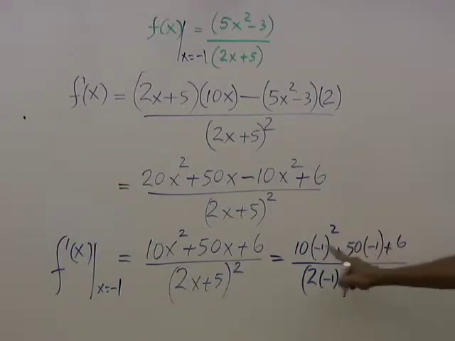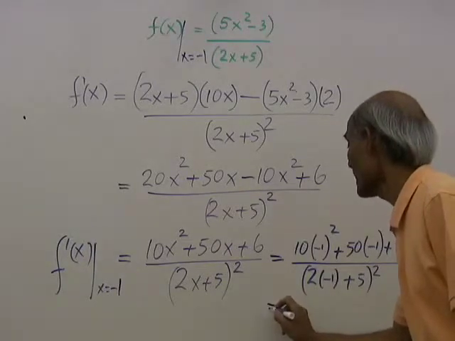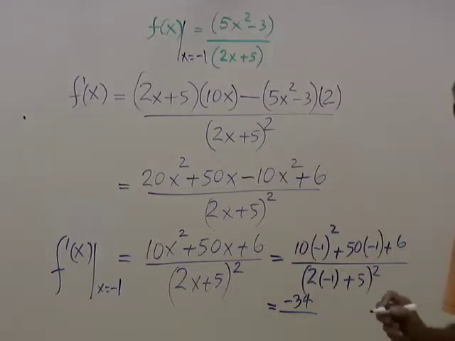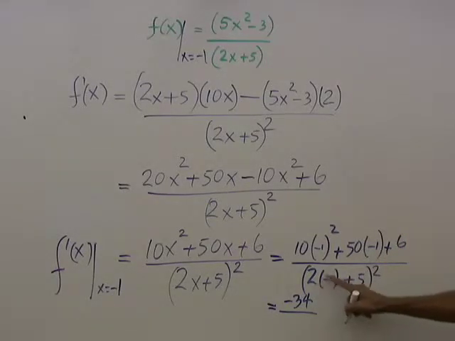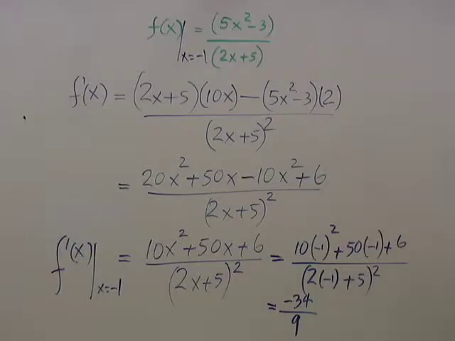Is that right? Yes. So this will be 10 plus 6 is 16, minus 50 is negative 34. We'll write that over here. Negative 34 on the numerator divided by, what is the denominator? This is negative 2 plus 5 is 3. 3 squared is 9. That is negative 34 over 9.